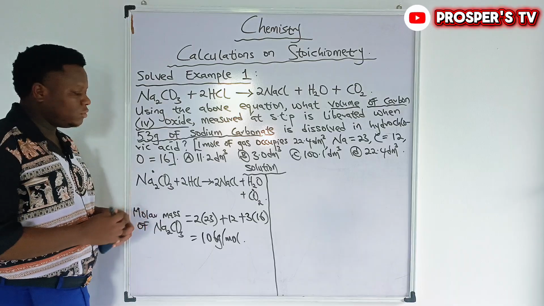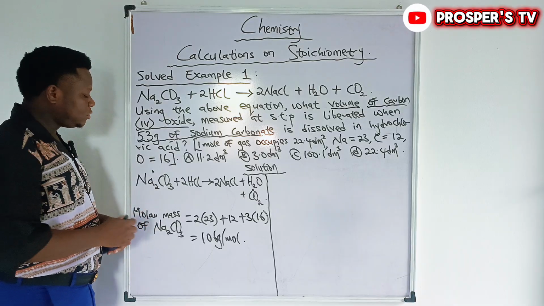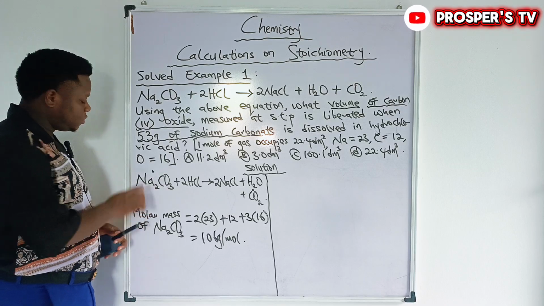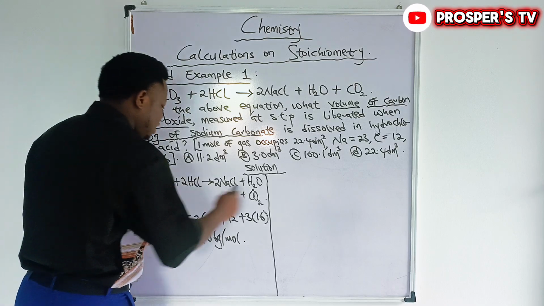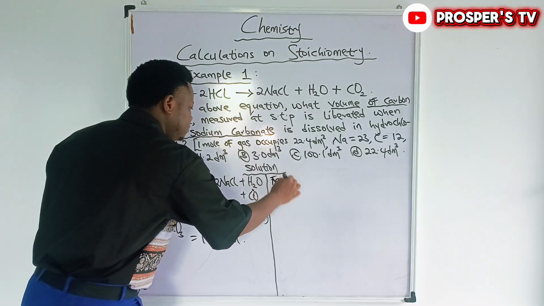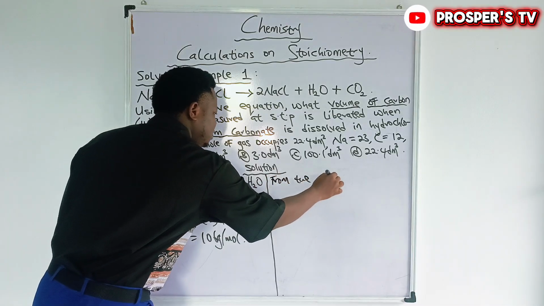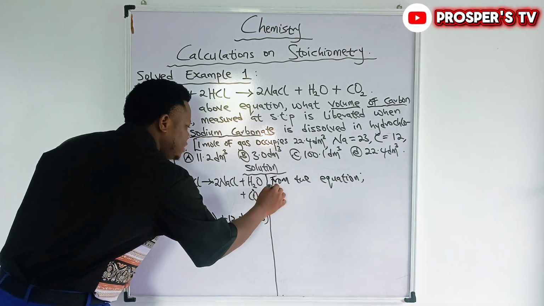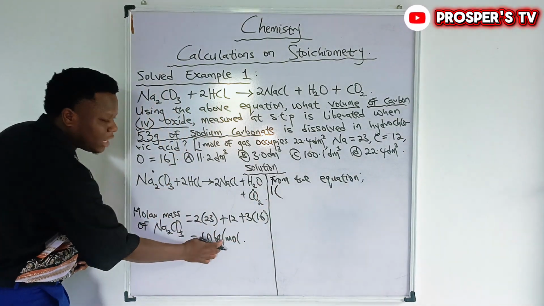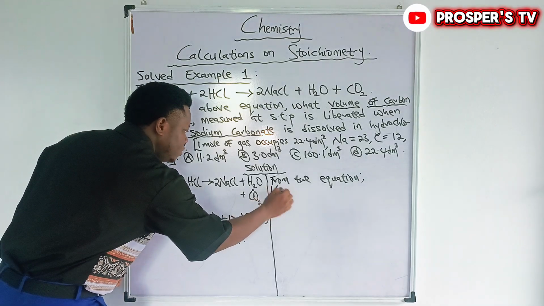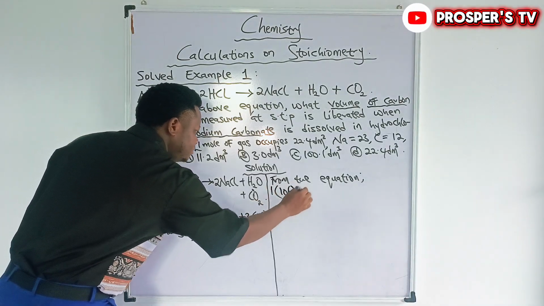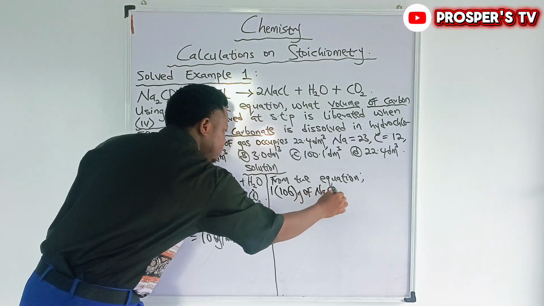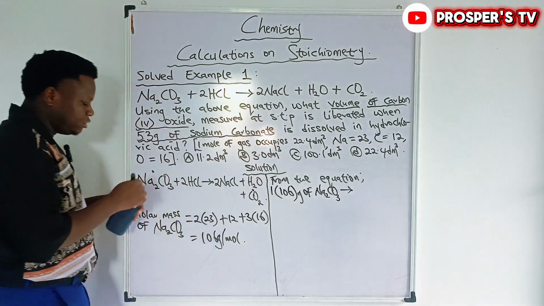Once you've gotten this, then you state your stoichiometry. So for this, I have just 1 mole of Na2CO3. Because I have 1 here, from the equation we have 1 mole, and 1 mole of this has the molar mass of 106 grams. So I'll say 1 times 106 grams of Na2CO3 produced.